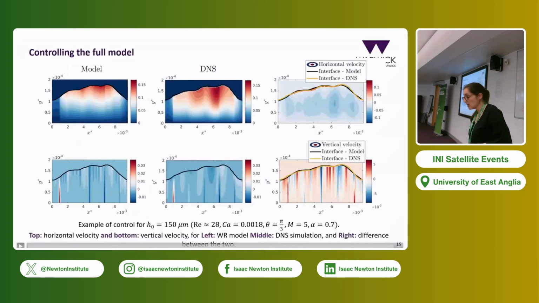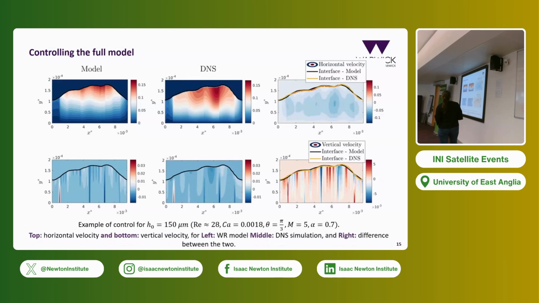everything works. And then I think just to give you some intuition why the controls won't work directly from the model to the DNS, I'm showing you the horizontal velocity and the vertical velocity for the model, the DNS, and the difference on the first time step after applying the controls.